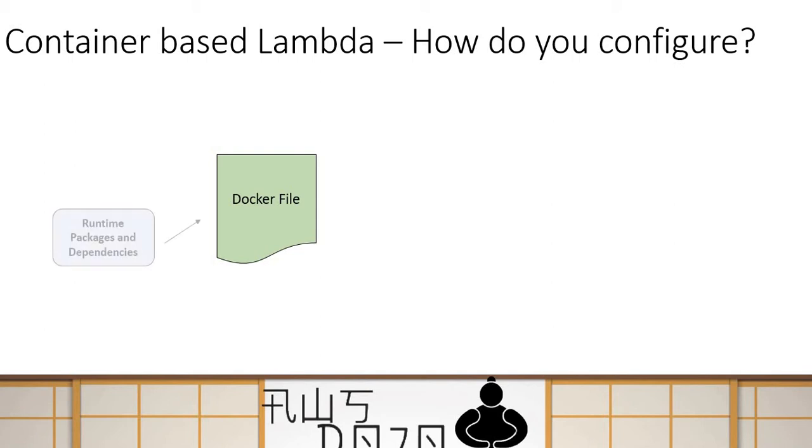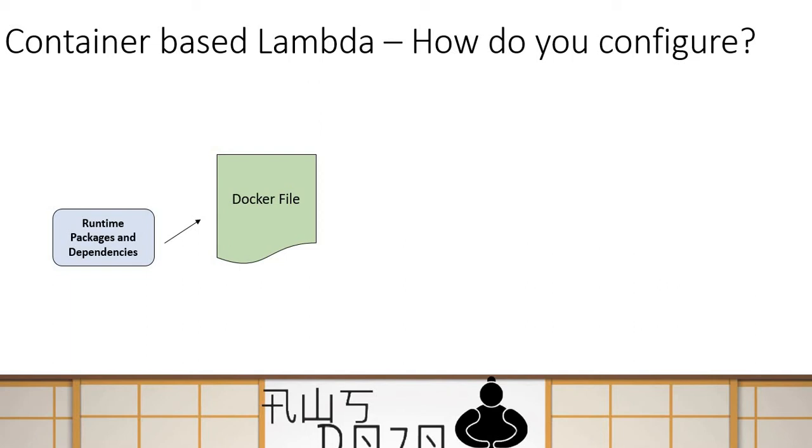In this Docker file, you put your script, you put your commands to bring your runtime, your packages, your dependency for your runtime. It's like a typical Docker file, like you create any containerized image and you create your Docker file. Same way, create the Docker file here as well.